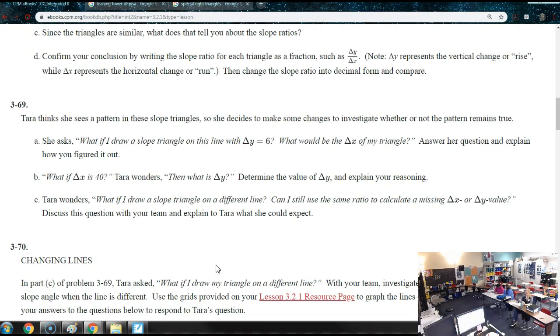Or what if x is 40? What would y be? So figure out those two questions. If y was 6, what would x be? And if x was 40, two different questions, right?